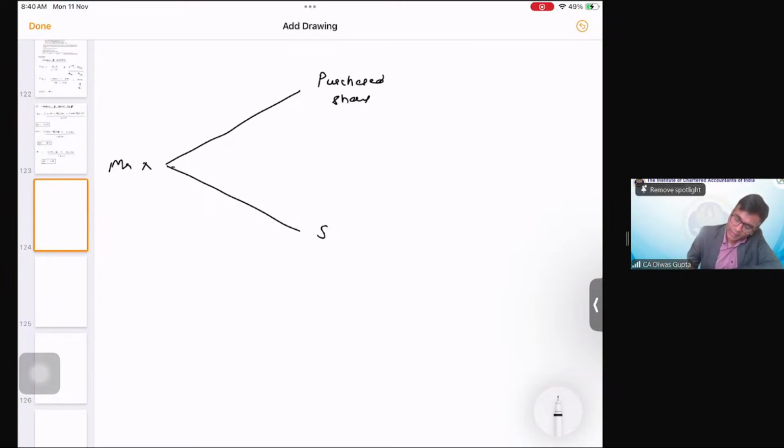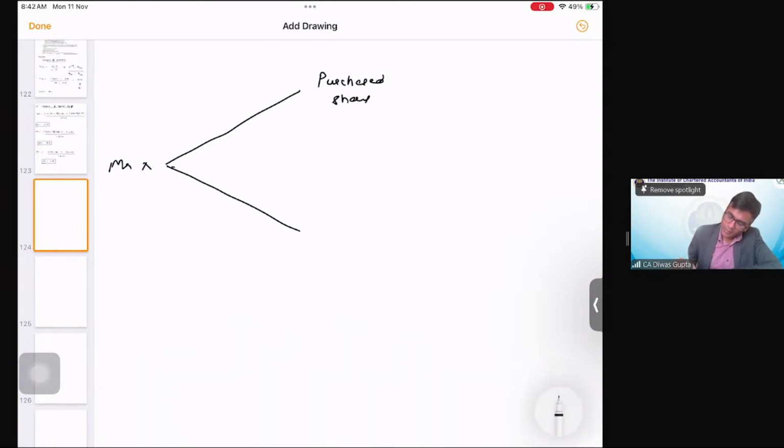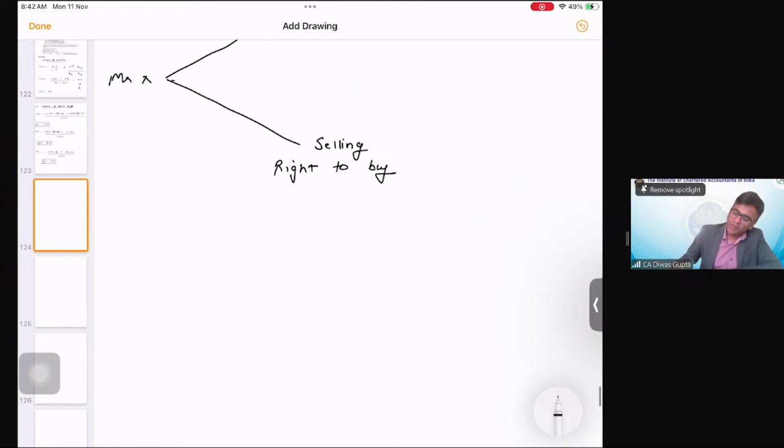So selling the right to buy. Clear? Or we can say this is the call option.